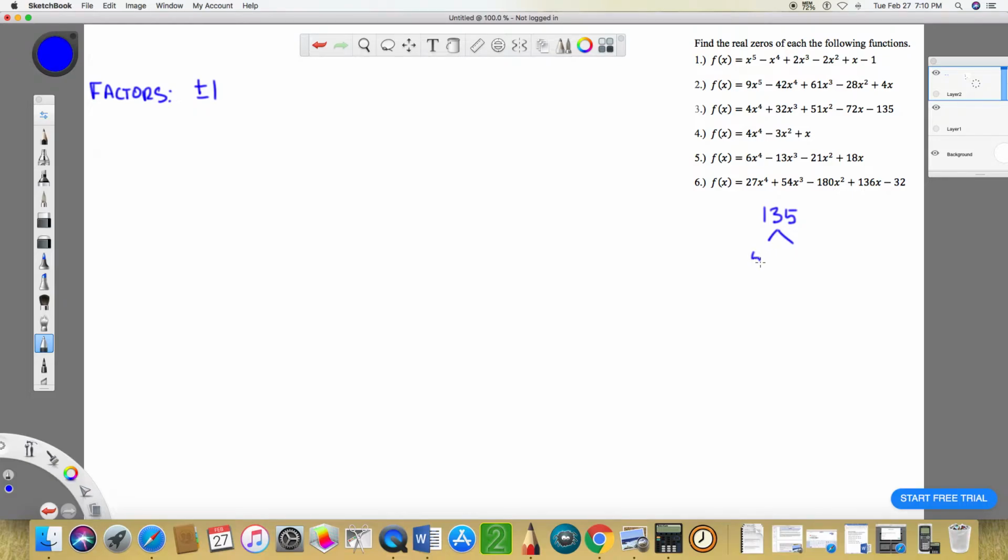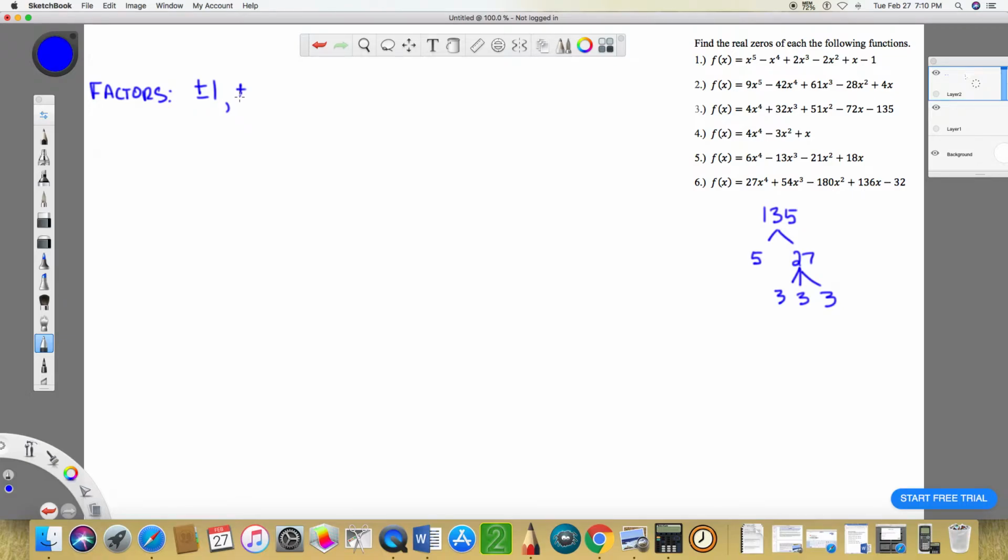So 5 definitely will. And 5 times 27 is 135. And then 27 breaks down to 3 times 3 times 3. So now as a product of prime numbers, I'll be able to figure out which numbers divide 135.